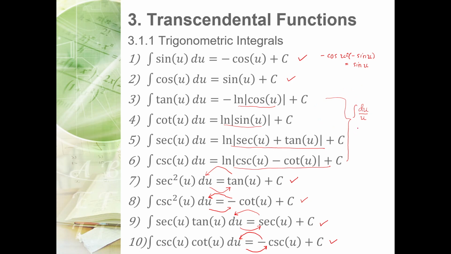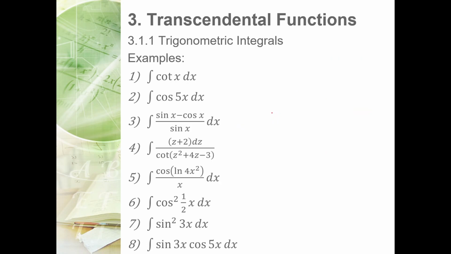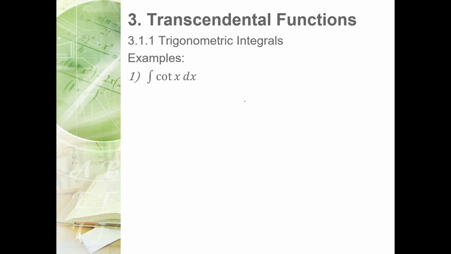Okay, so for us to appreciate the different formulas for trigonometric integrals, we have to solve these 8 problems, from the basic formula going towards the most difficult problem. Let's begin with the basic formula.